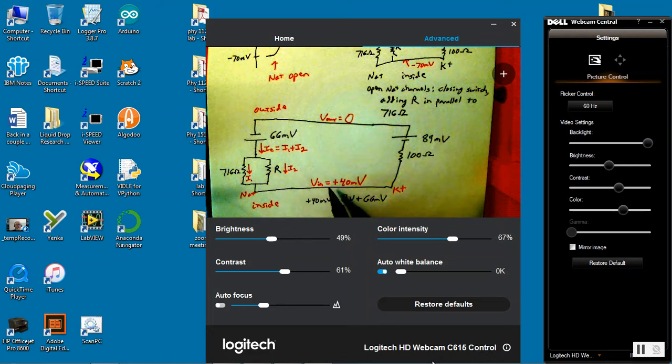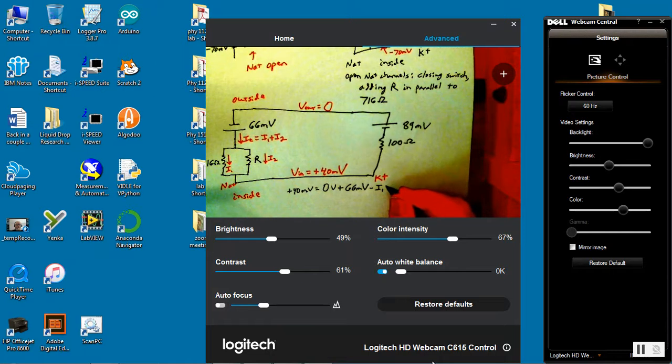The energy lowers, and we can see that because we end up at 40 millivolts. That's a drop. And by Ohm's law, that's equal to the current through that leftmost resistor times its resistance, 716 ohms.